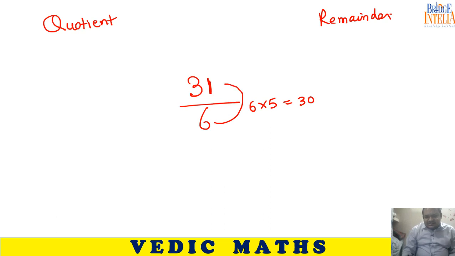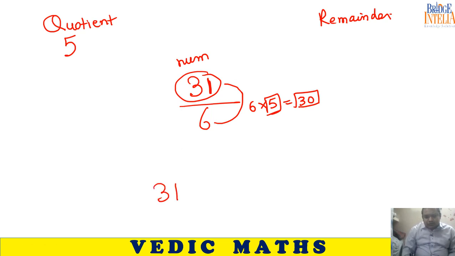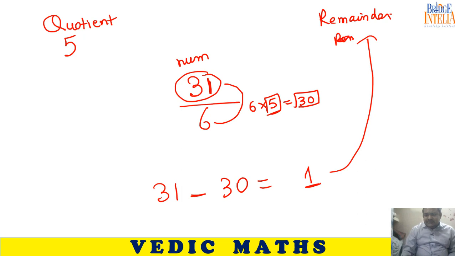The closest any multiple of 6 comes to 31 is 30. So 5 is the quotient. What is the concept of remainder? The given number is 31, but you can completely divide only till 30. So 31 is one more. If you remove 30 from 31, 1 remains. So that is the concept of remainder. 1 is the remainder. Let's take one more example.